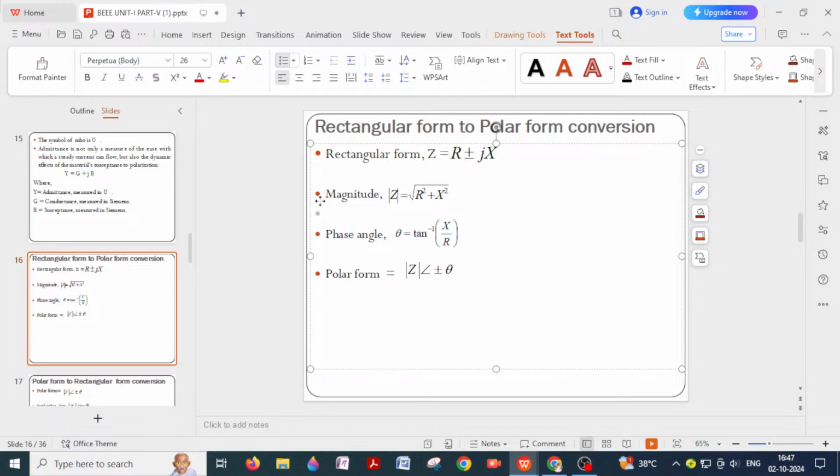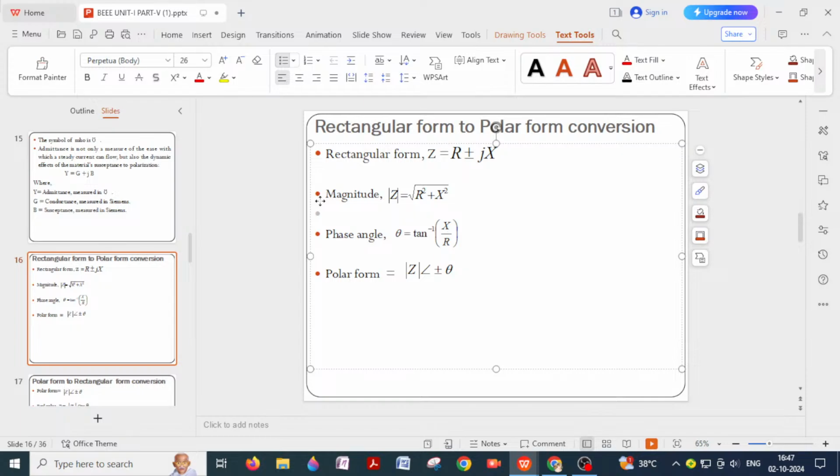If you convert rectangular form into polar form, polar means it will have a magnitude and an angle. To calculate the magnitude, simply take the root of R square plus X square. For the angle, theta equals tan inverse of the j operator coefficient by the real value.